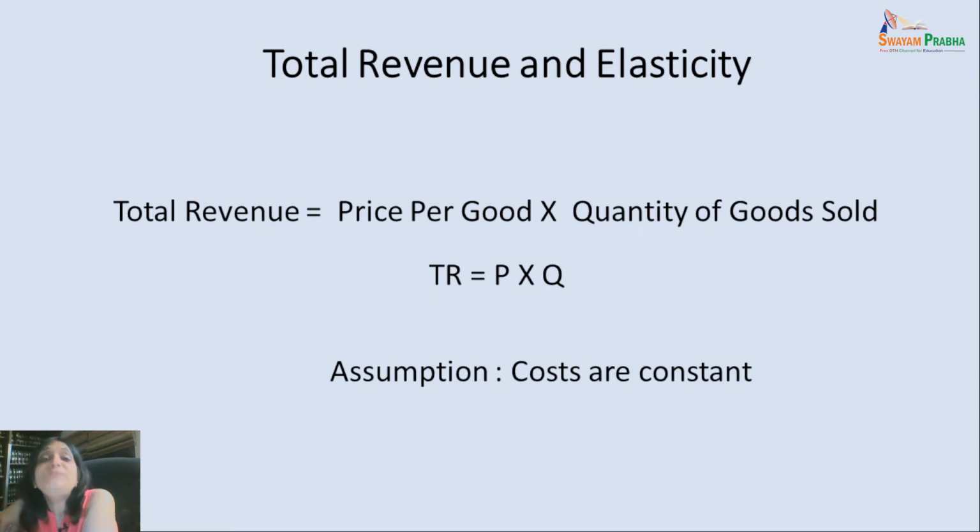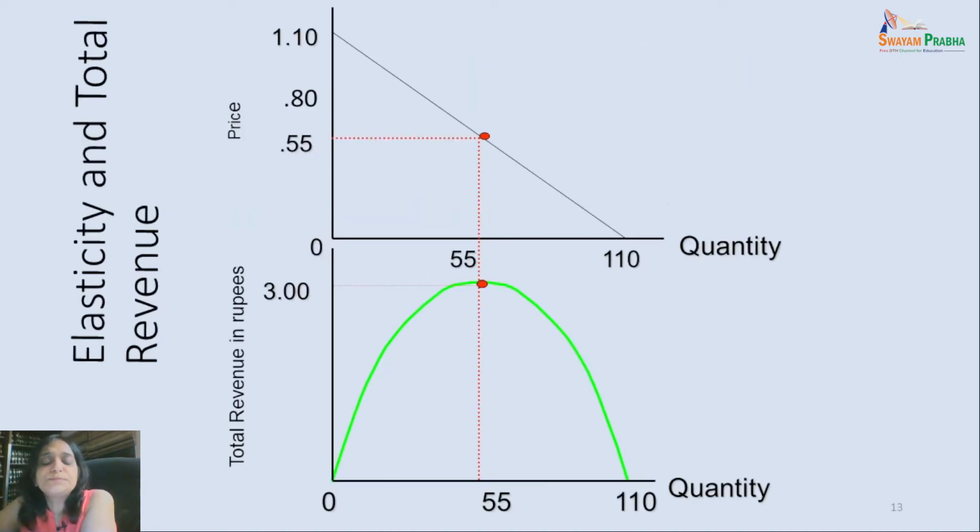When we are deriving this relationship between total revenue and elasticity, we are assuming that our costs are constant. So what is total revenue, learners? It is the price per unit multiplied by the number of units that we are selling. Let us see this very interesting relationship between elasticity and total revenue.